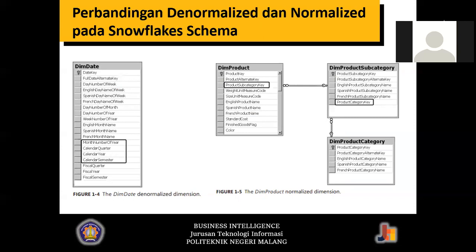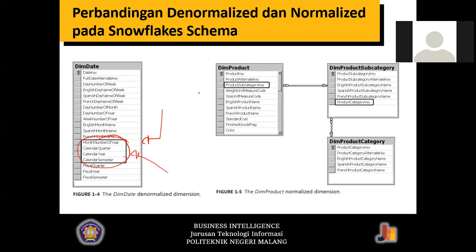So this is the star schema where you have redundant or repeated data inside a single record. Let's say it will have a quarter and year and semester and so on.